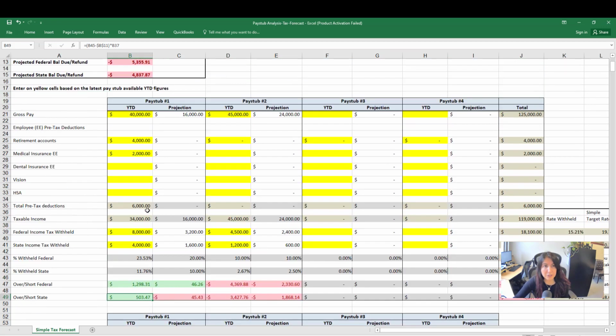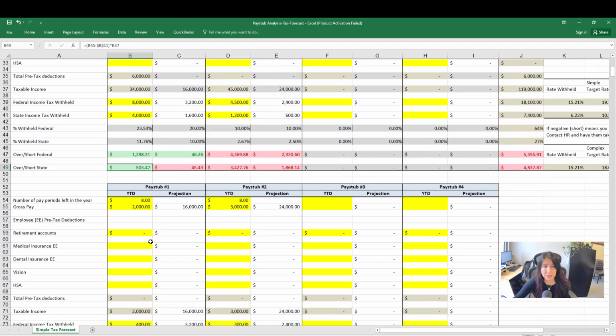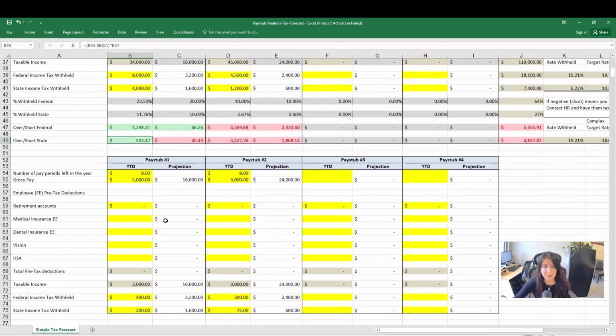Now let's just say you don't want to just look at the year-to-date numbers, you also want to see what the projection is for the pay periods that are left in the year. So here in this bottom section, you can put in the number of pay periods left, and you can enter their pay stub information based on that biweekly or weekly payroll. So just as you were looking at the pay stub above on the year-to-date column, just look at this pay period column and enter the numbers here on the yellow cells.